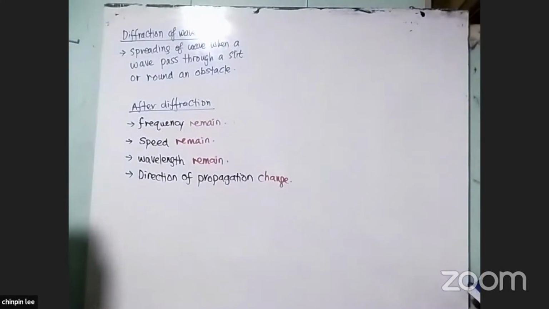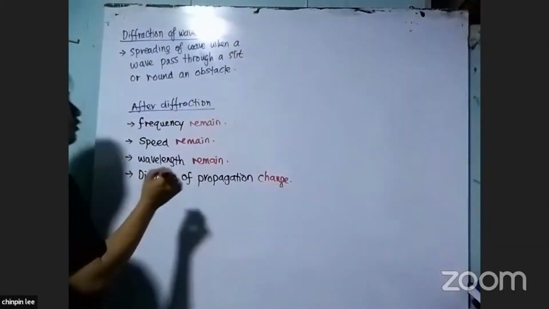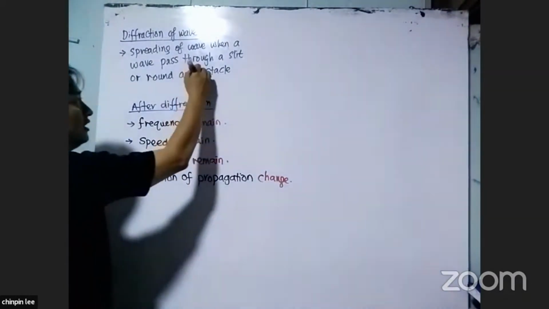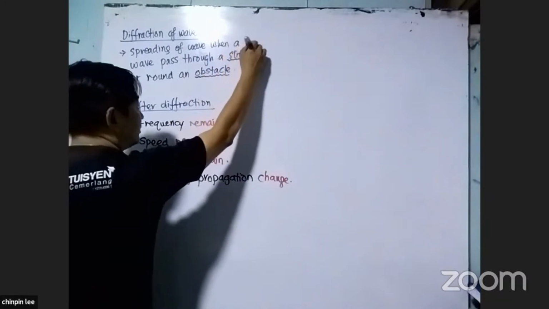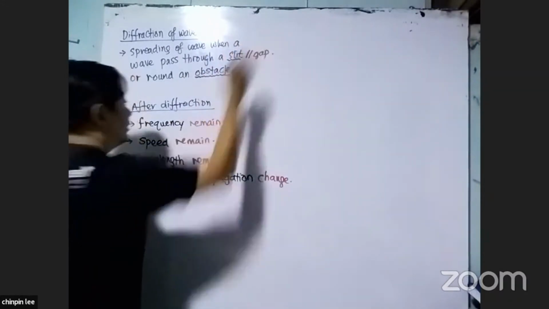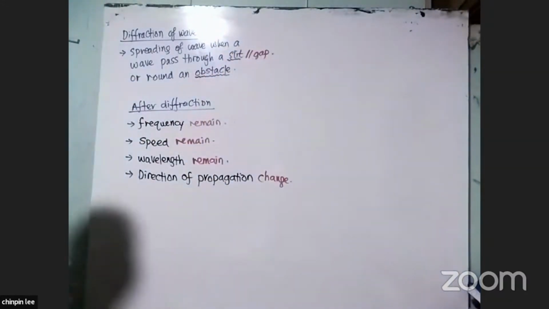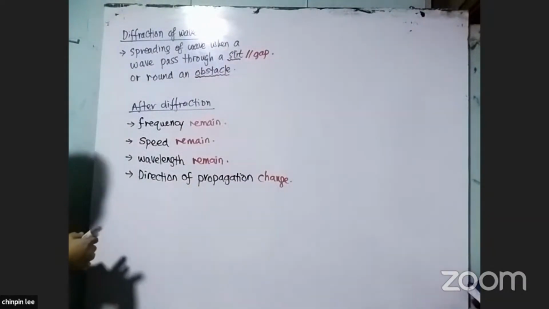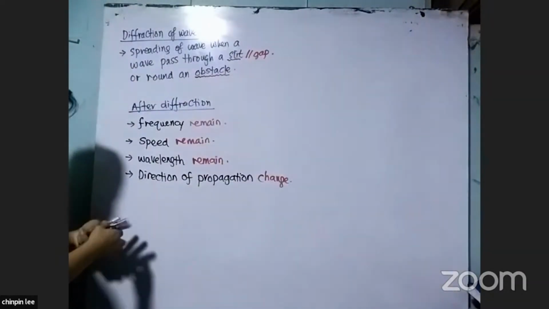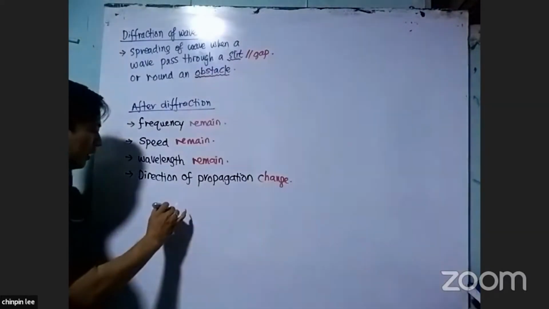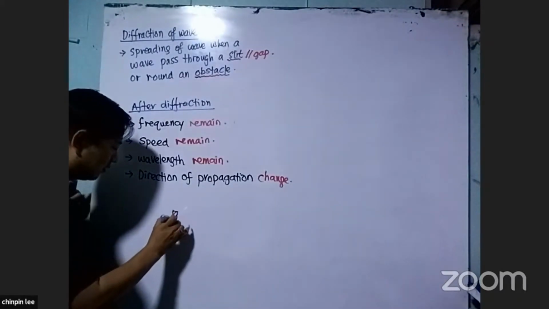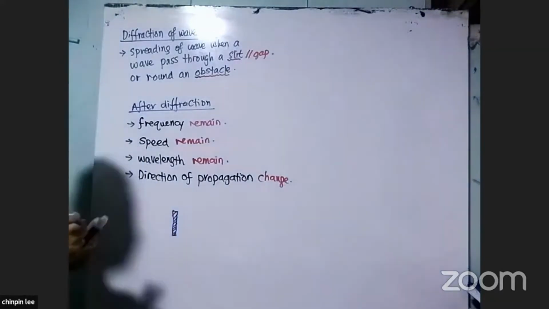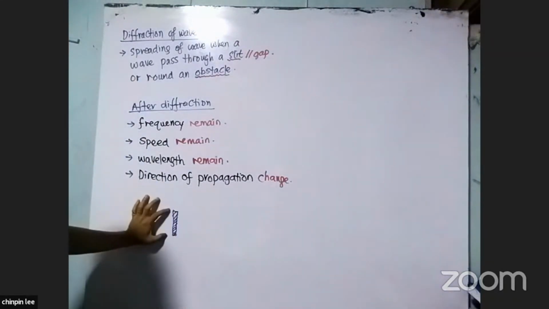Now a few terms that we need to know first before we understand what this obstacle means. What is a slit? We can call it a gap. Now here, when I have an obstacle, in BM we call it halangan.